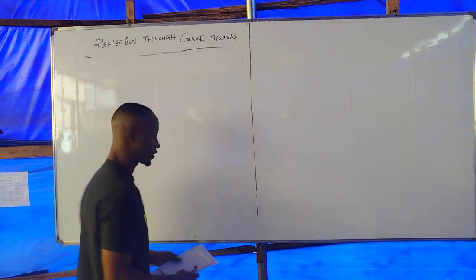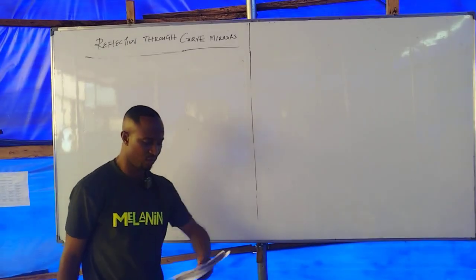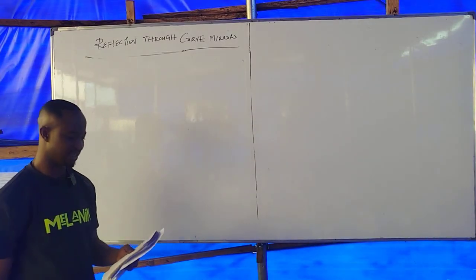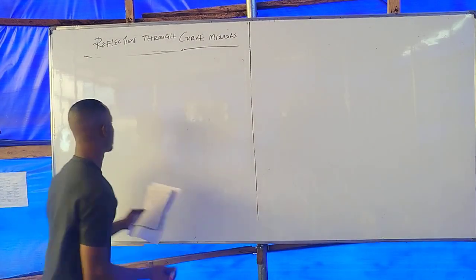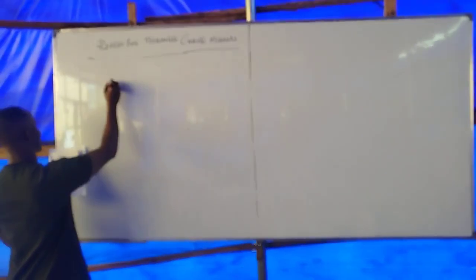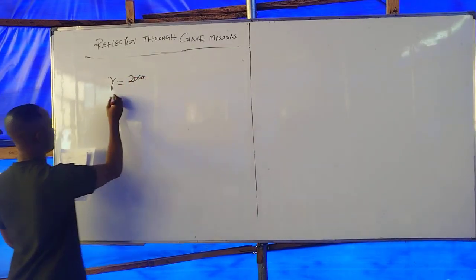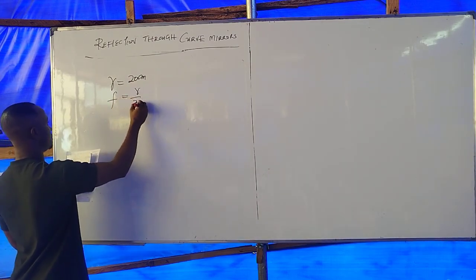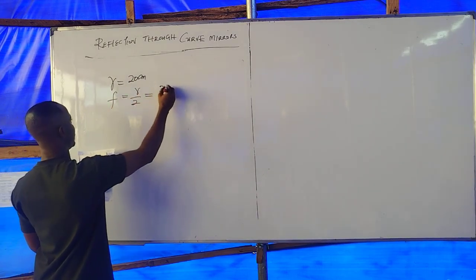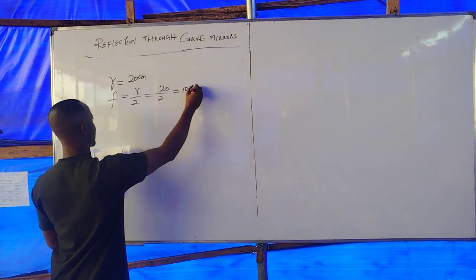All right, let's look at the next question. A concave mirror of radius of curvature 20 centimeter produces an inverted image. Our radius is given as 20 centimeter, right? From here we can look for our focus, which is r over 2. We have 20 divided by 2, and that will give us 10 centimeter.